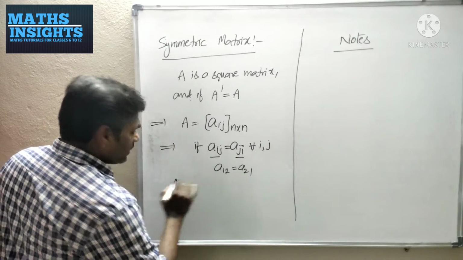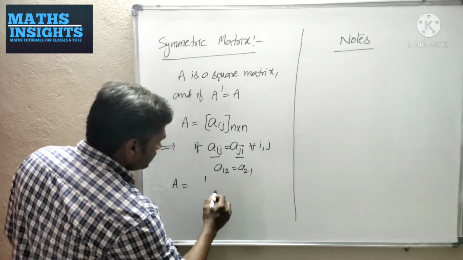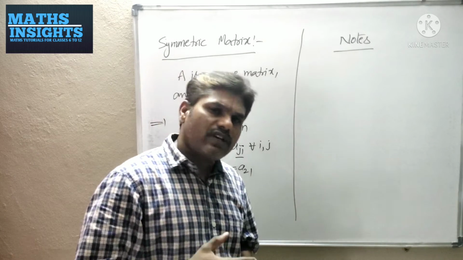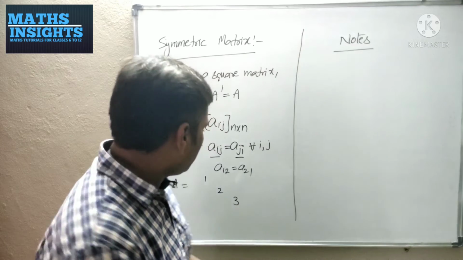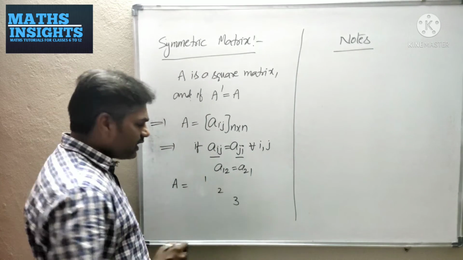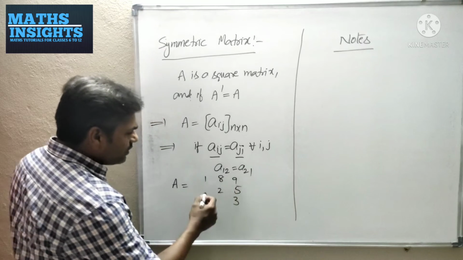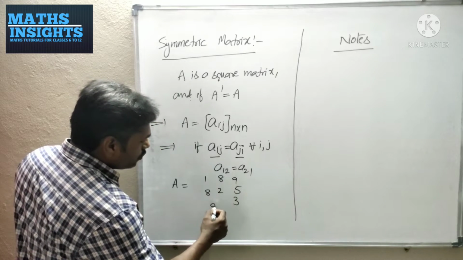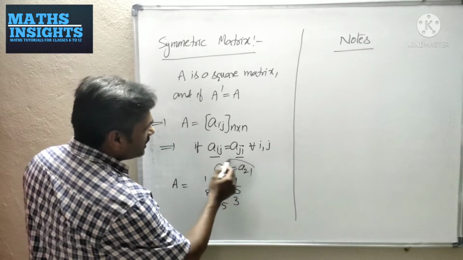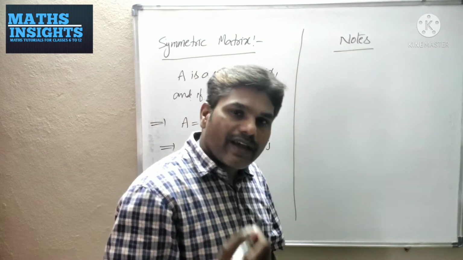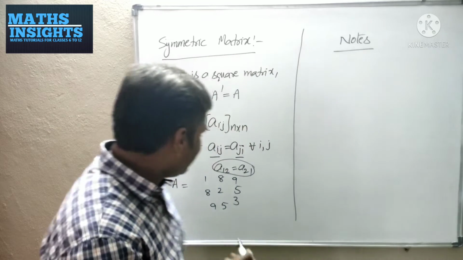I am taking A as 1, 2, 3 on the diagonal. Whatever diagonal elements you may write, but above the principal diagonal, suppose 8, 9, 5, those elements should come below also, because Aij is equal to Aji.